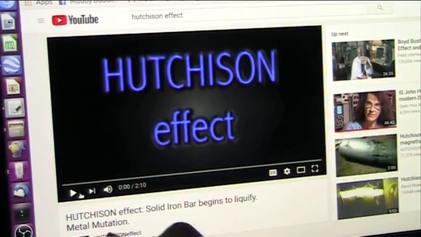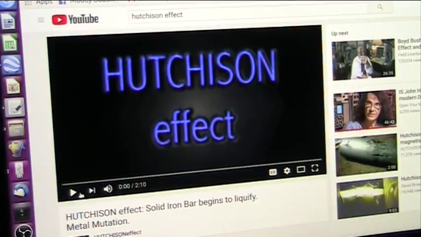This is about John Hutchison, and this is the Hutchison effect. Solid iron bar begins to liquefy. Metal mutation, and he could do this, and I will explain what's happening. You're going to hear a buzzing noise. That is the frequency vibrations.